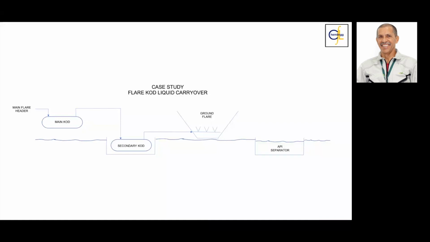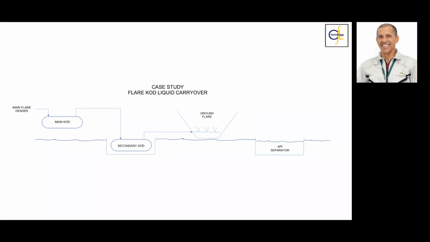That's the reason why this secondary knockout drum is in a pit. As you see there, this represents a pit. It is below ground, and this pipeline is free draining back there, to avoid liquid in the ground flare.